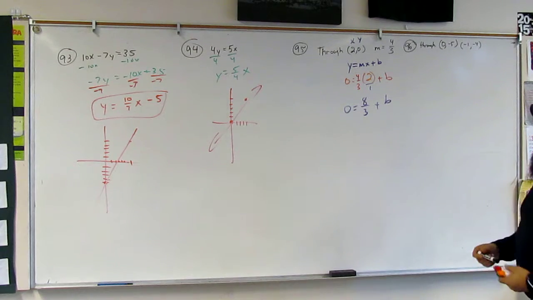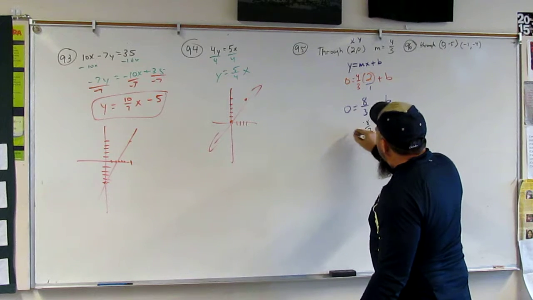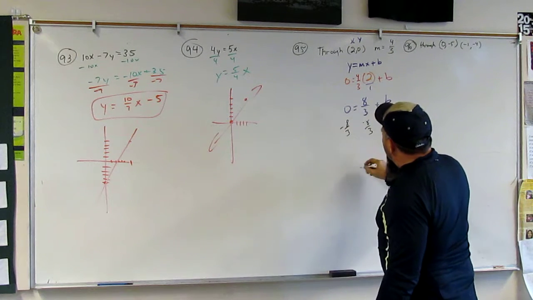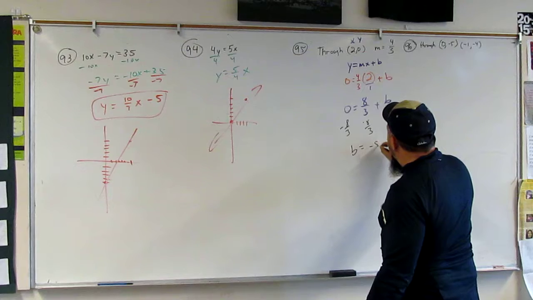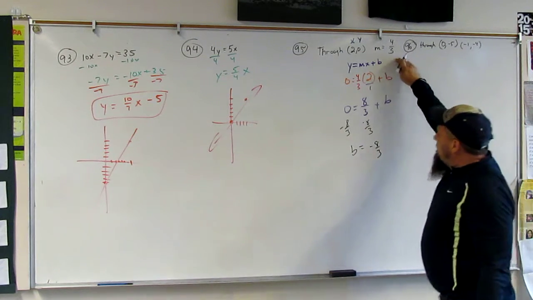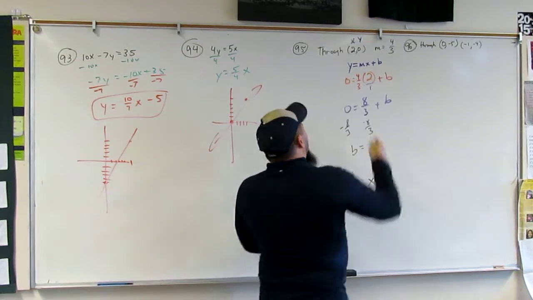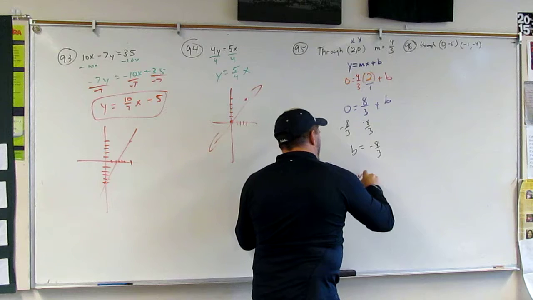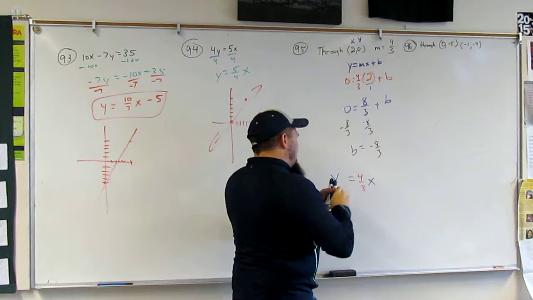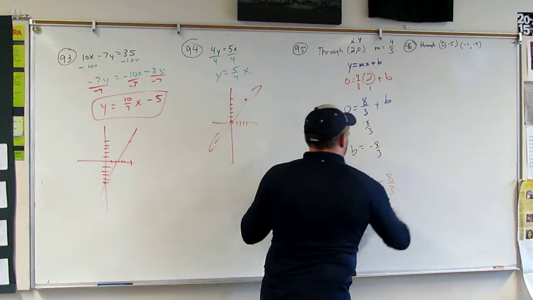And then I'm just going to subtract 8/3, subtract 8/3, and I get b is equal to negative 8/3, right? So I know b, I know m, y equals mx plus b, where m is 4/3, and b is minus 8/3. Done.